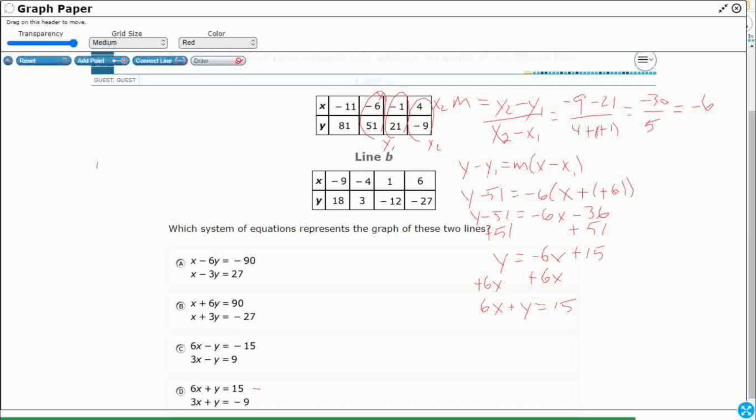All right, we need to find our m. Let's just use these 2 points, x1, x2, y1, y2. So that's going to be 3 minus 18, my y2 minus y1, over negative 4 minus negative 9. So that's going to end up being negative 15 over, that's a positive, so 5, so that's a negative 3.